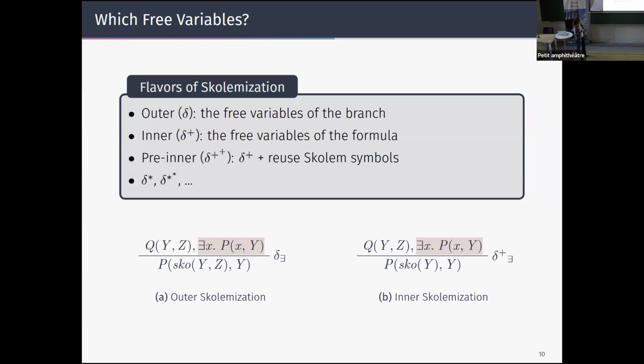So when I have exists x, P of x, y, with Y and Z free variables of the branch, when I want to skolemize here, the only free variable I have is big Y. So my Skolem symbol here will be only Skolem of big Y, while if I perform just normal outer Skolemization, I will have to take both.